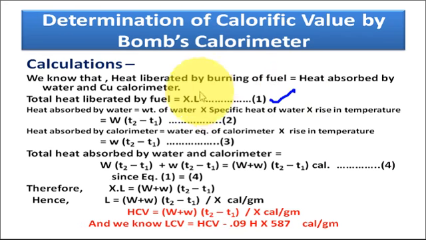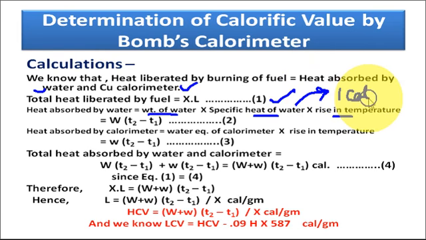This total liberated energy will be absorbed by the water and the copper calorimeter. So now we calculate how much energy is absorbed by the water and the calorimeter. Heat absorbed by water is equal to the weight of water multiplied by the specific heat of water multiplied by the increase in temperature. We know that the specific heat of water is 1 calorie, so finally the heat absorbed by water is capital W (T2 minus T1).